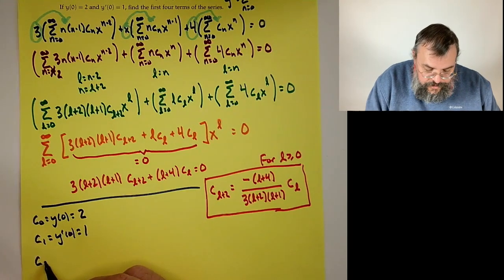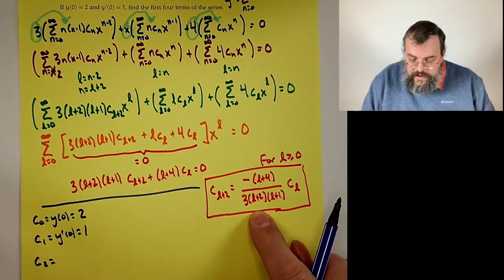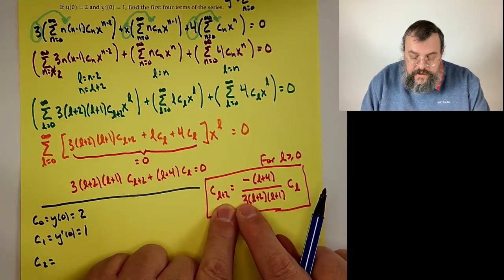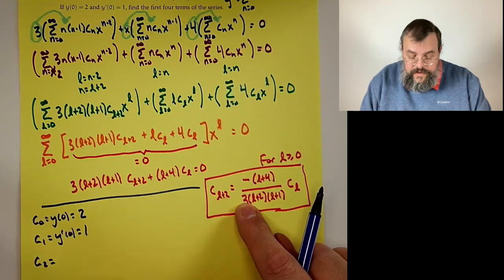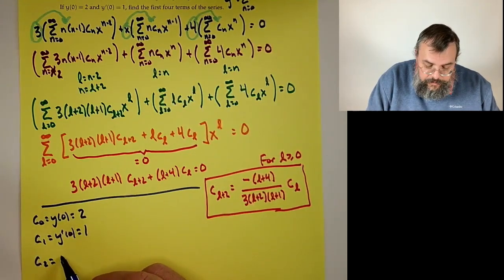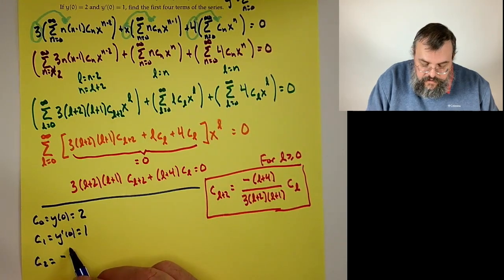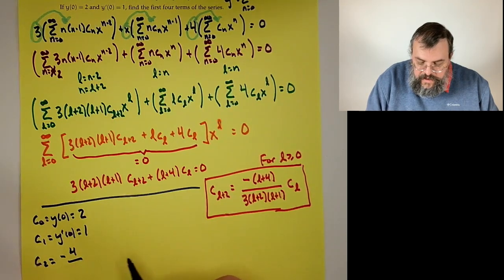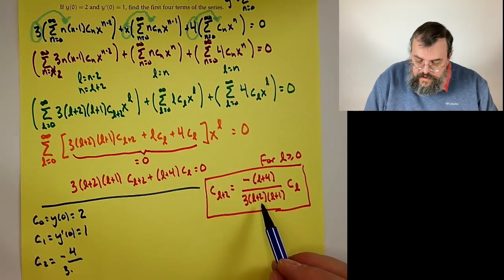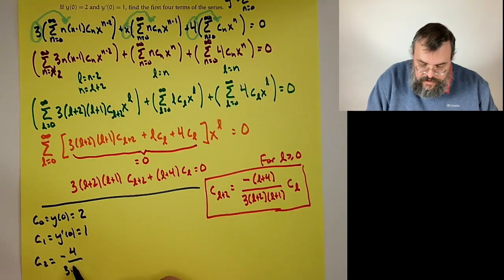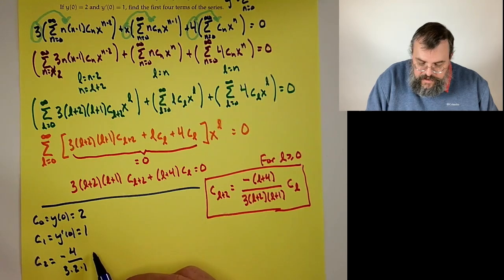So C2, we come here and say, well, start at L equals 0. So L equals 0, so we would have minus 0 plus 4 is 4. And then we have downstairs 3 times 2 times 1 times C0.